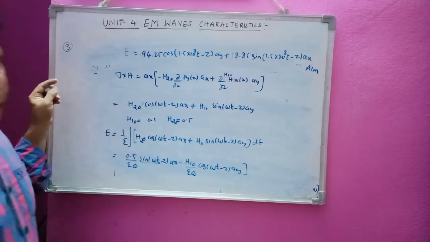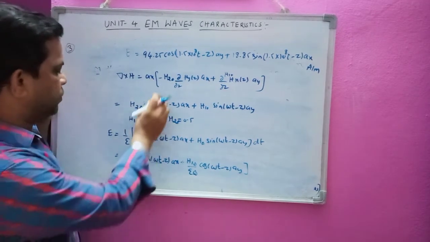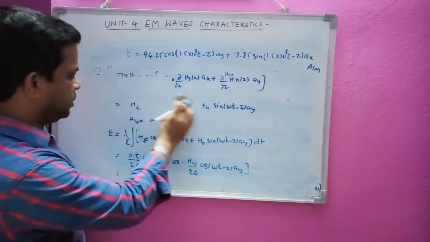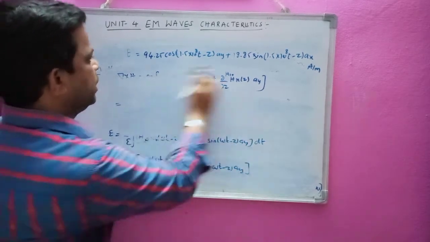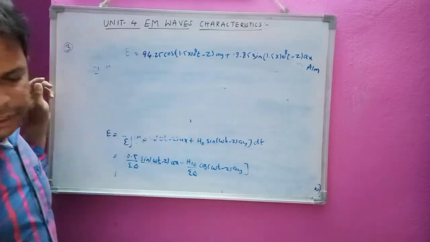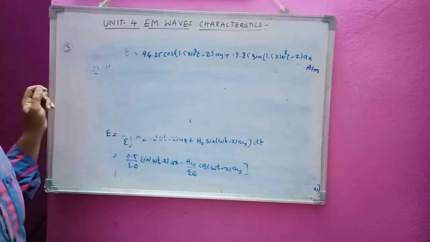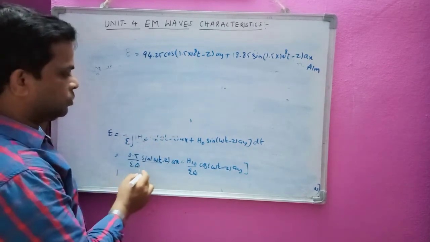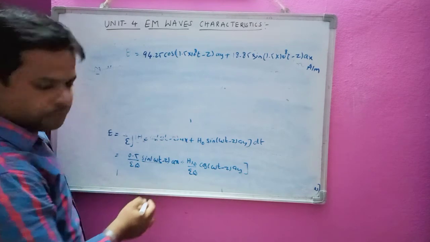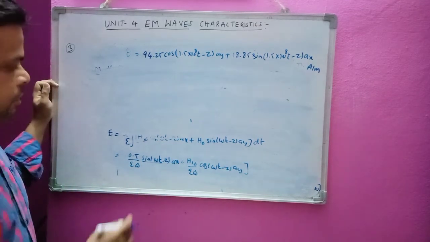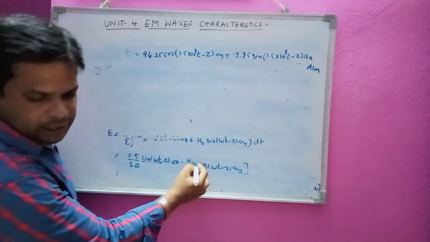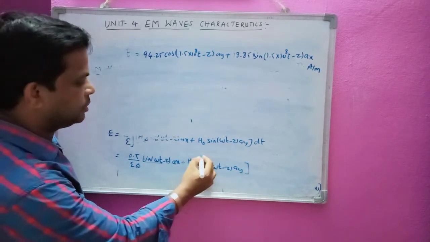Next, similarly we are going to substitute the values of epsilon and omega here. Epsilon is equal to epsilon naught into epsilon r. H2(0) is 0.5 and H1(0) I can substitute as 0.1.